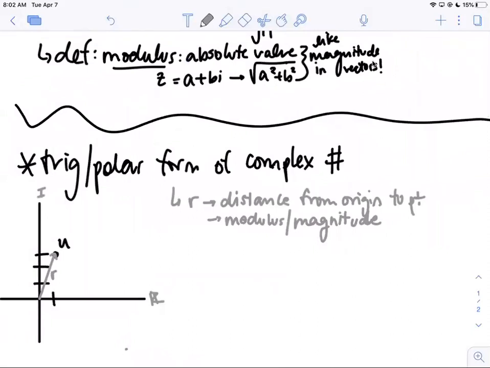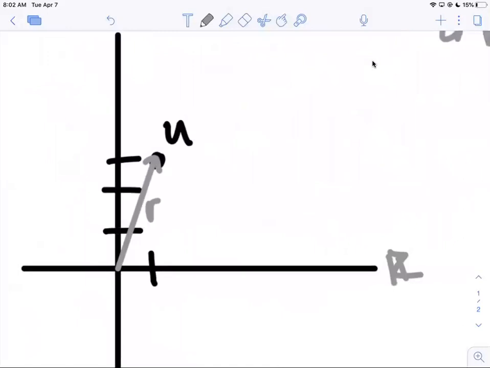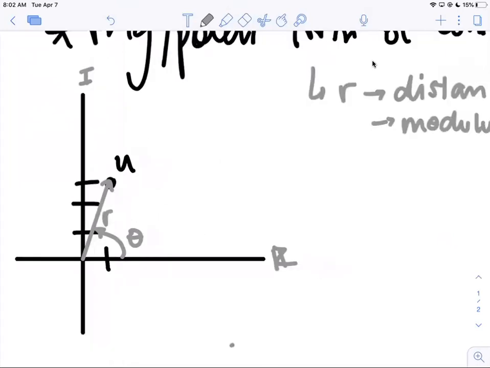And remember, we can find that using this guy from above. If we define the direction angle for z as we did with vectors, the direction angle would be here from the positive x-axis to the actual line. So that's my theta, that's my direction angle.